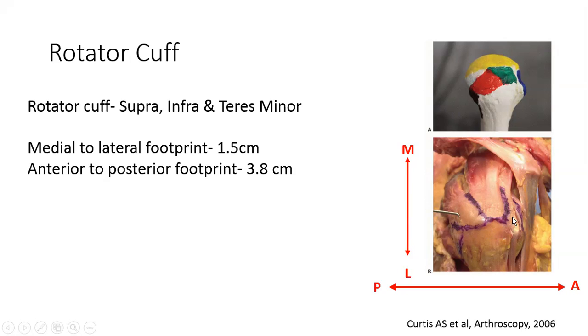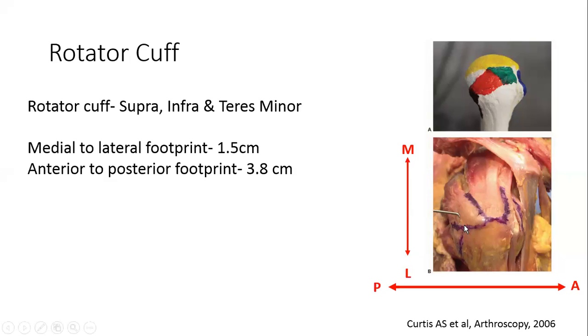Now the entire cuff, excluding the subscapularis, so 3 tendons: supra, infra, and teres minor. Going from anterior to posterior, this entire attachment is approximately 4 centimeters, 3.8, plus minus a standard deviation of 1.1 centimeters.